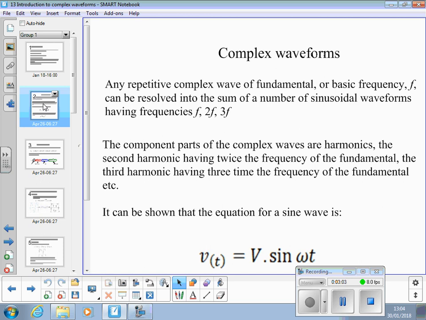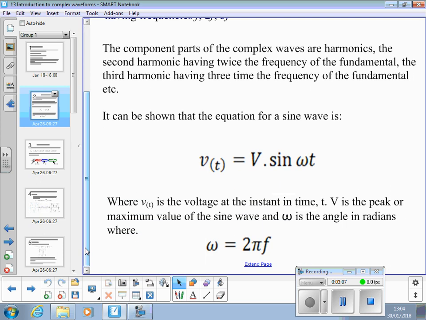The equation for a sine wave, and you should be reasonably familiar with that, is v = V sin(omega t). I'll point out that little v is the instantaneous value of voltage at time t, and big V stands for the maximum or amplitude of that waveform.